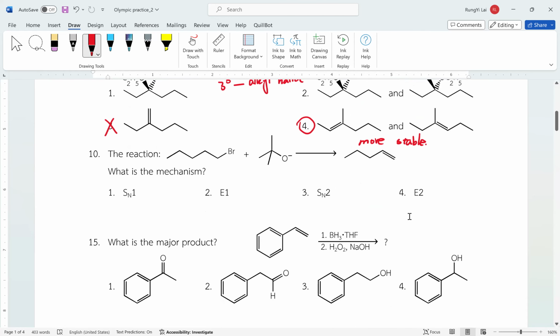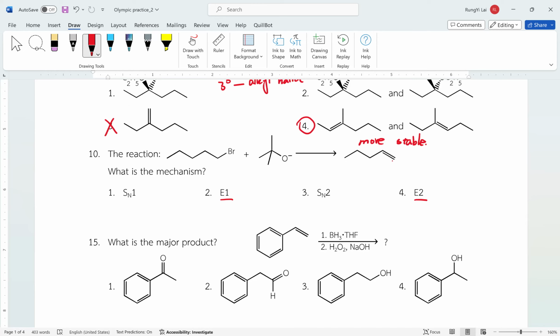So the next one, let's look at, is also a similar type of reaction. You can see the reaction. The first one is the alkyl halide, and the second one is the tert-butoxide, and then your product will be an alkene. So from this, you should know the reaction should be elimination, but you have E1 and E2, right?